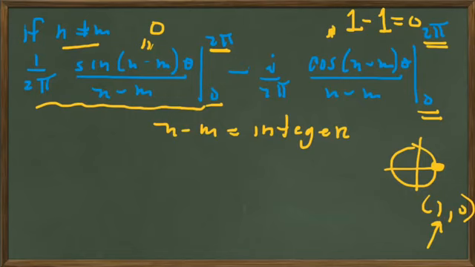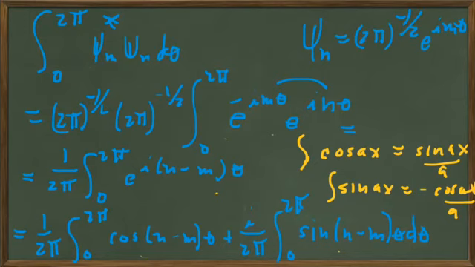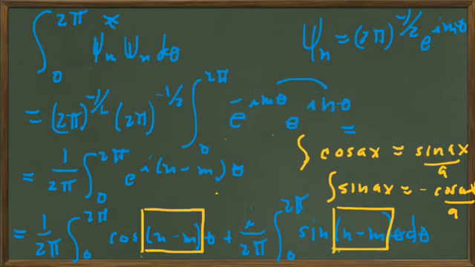So now let's see what happens when n equals m. When n equals m, here and here, we are essentially taking the integral of the cosine of 0 and the integral of the sine of 0.